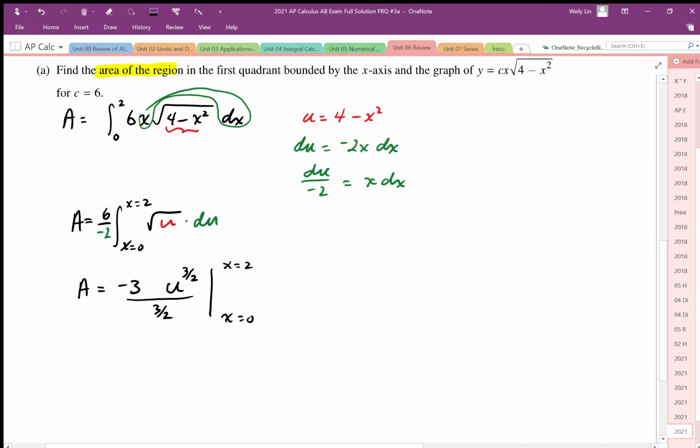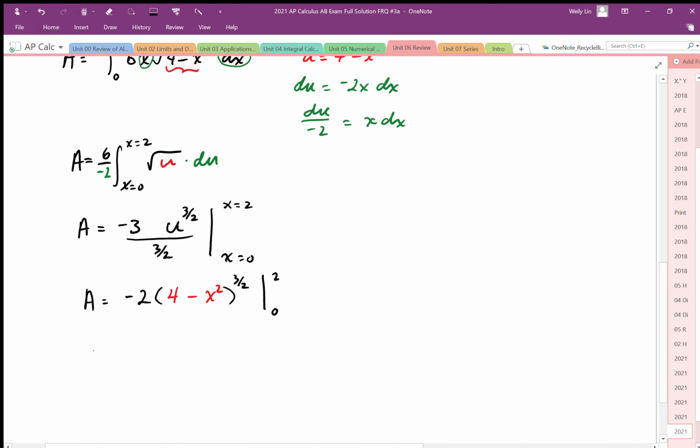Simplifying this expression, I get A is equal to negative 2 u to the 3 over 2. I'm going to back substitute for the u, replacing the u with 4 minus x squared, and then I can change my bounds of integration back to x's, so I can just write it as 0 to 2.